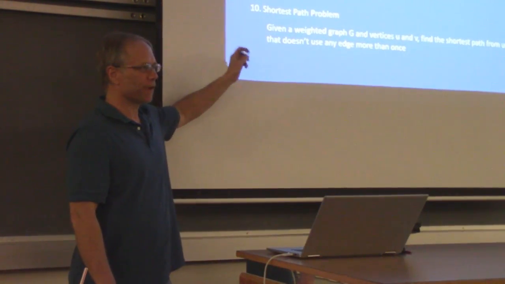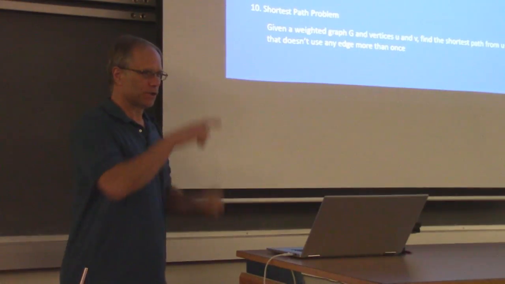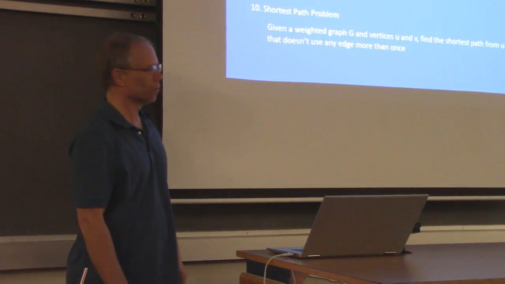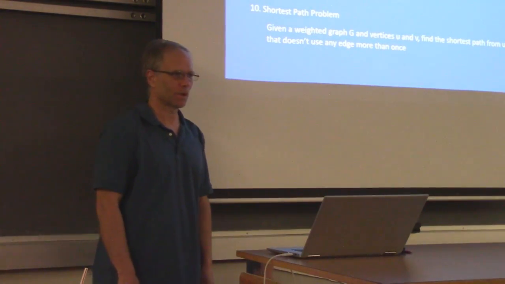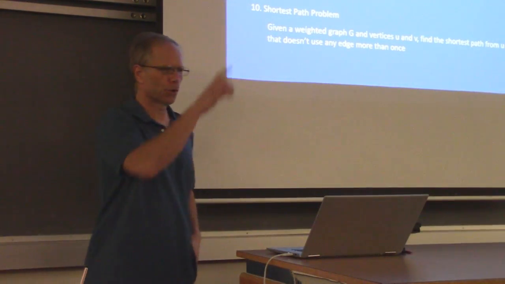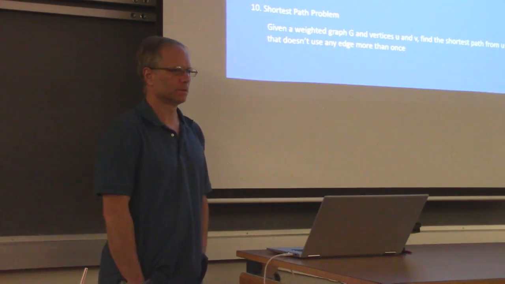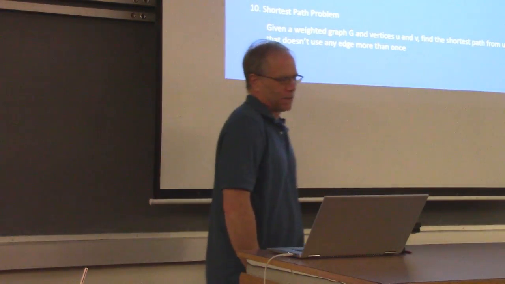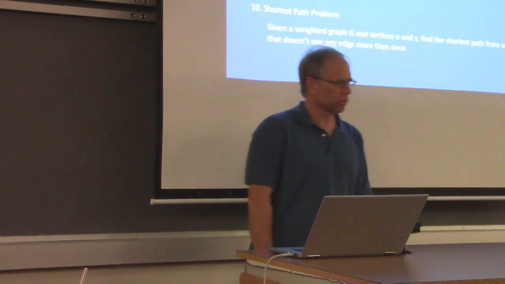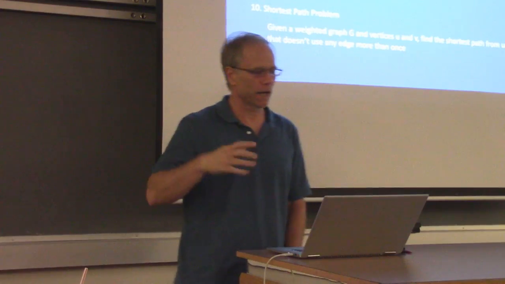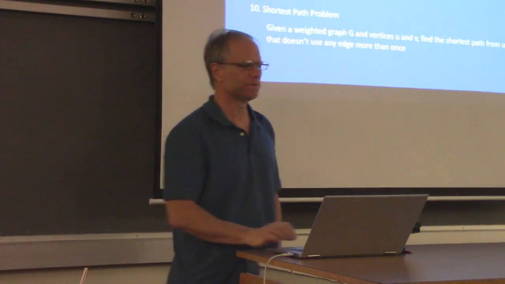It just says find the shortest path that doesn't use any edge more than once. So you can have a crazy path that tries to hit all the negative edges. So the general shortest path problem, no one's found an efficient solution. You put a little extra restriction on it, there is an efficient solution.